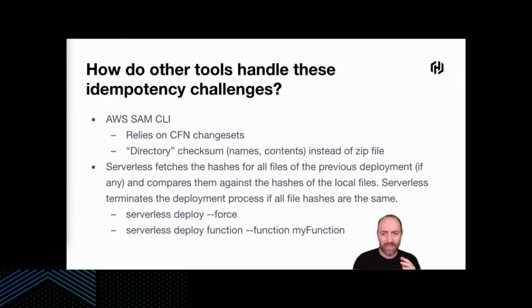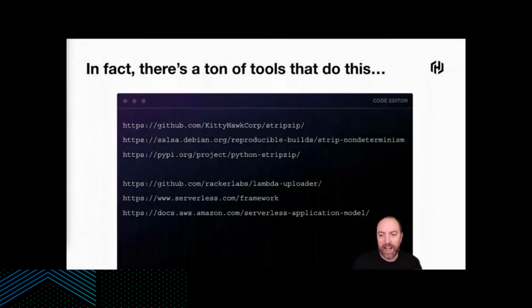And so one of the reasons I wanted to give this talk is that I keep seeing this pattern come up again and again of the idempotency of zip files or of various kinds of build artifacts, right? And I mentioned a few here on this slide, some of which really crack me up. Some of them go way back to when Perl was the dominant language. Even some of them are more than 20 years old. We got Python versions of it. We got ones as utilities in Debian. We have Golang implementations. There are also all of these uploader CLI tools.